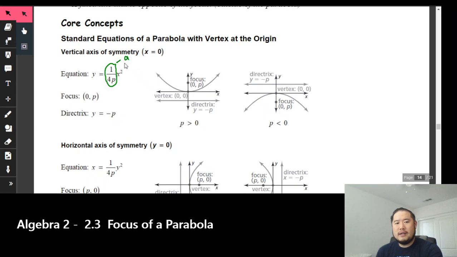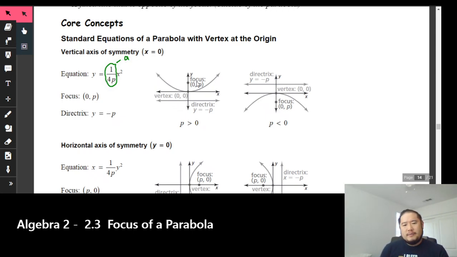There could be nothing, which means that the a term is equal to 1, or if it's greater than 1, it's a vertical stretch. Less than 1, greater than 0, vertical shrink. So this 1 over 4p, hopefully we remember, and we'll be using it quite often today, is our a term.